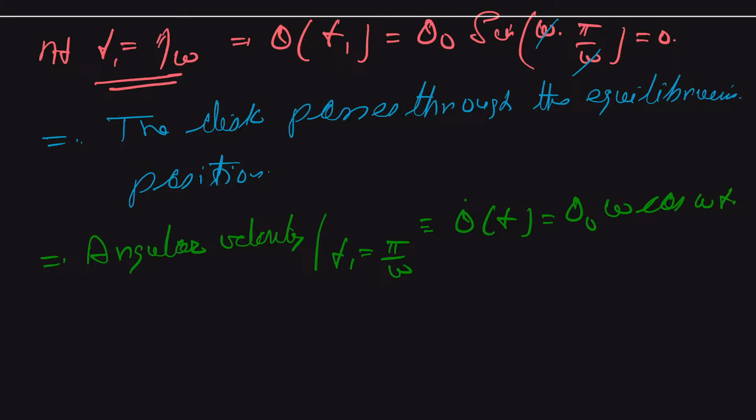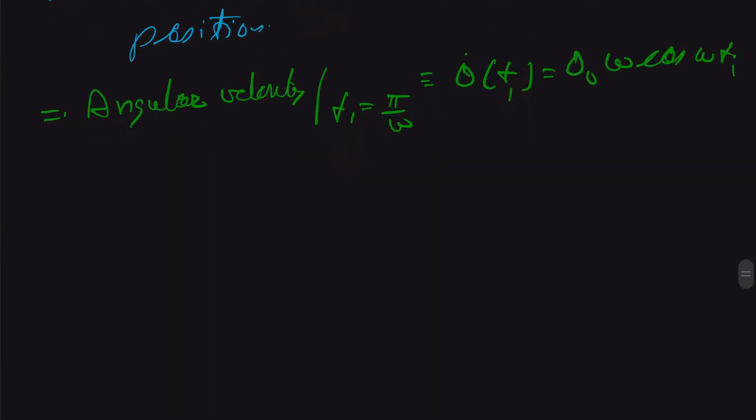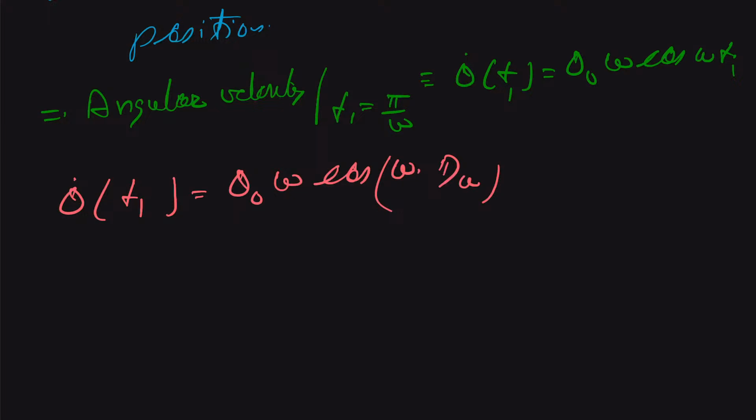So we substitute our t1. We get that the angular velocity at t1 will be equal to theta naught omega cos of omega times pi by omega, where omega and omega cancel out, which comes as cos of pi equal to minus 1.